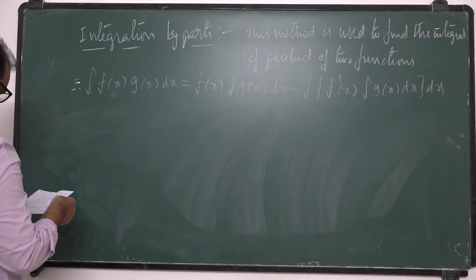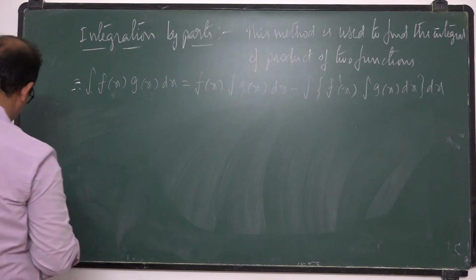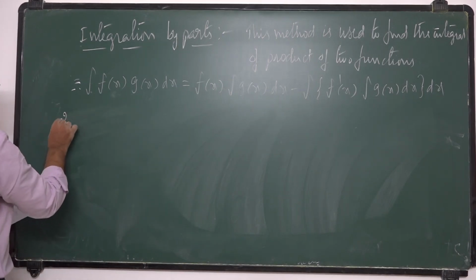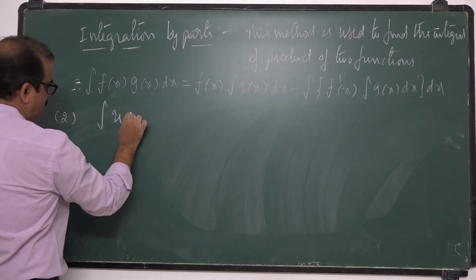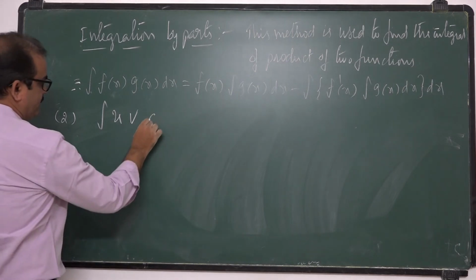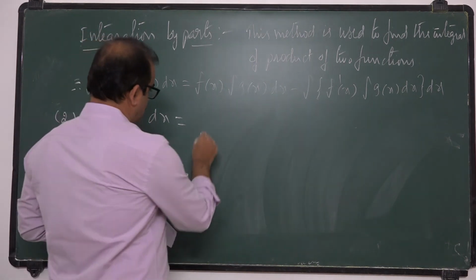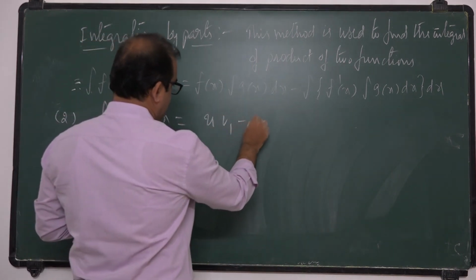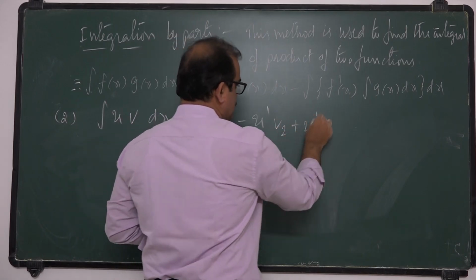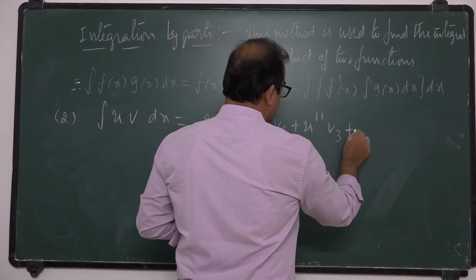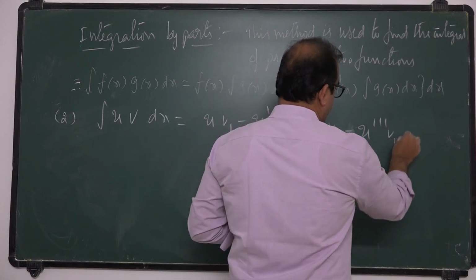Next, note 2: integral of u into v dx is equal to u into v1 minus u dash into v2 plus u double dash into v3 minus u triple dash into v4 plus so on.